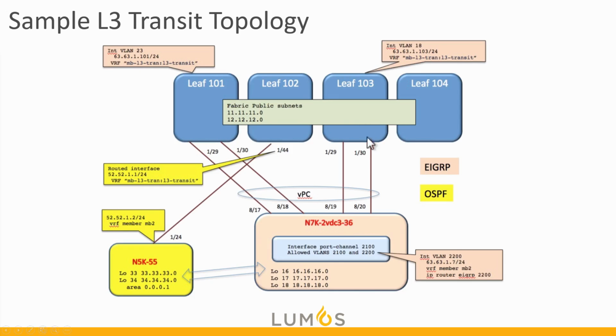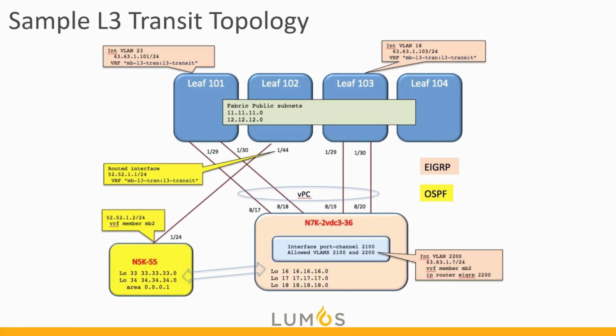So because we're going to be routing over the VPC member ports, we're going to essentially need to peer our SVIs. So one of the things that we're going to set up, or actually have really set up, is our interface VLAN. And as we set up our L3 out, we're specifying, instead of routed interface or routed subinterface, an SVI.